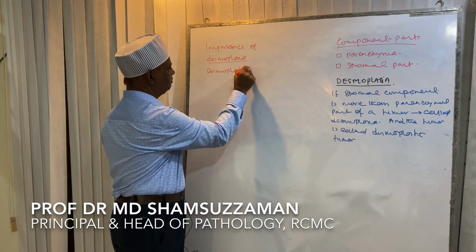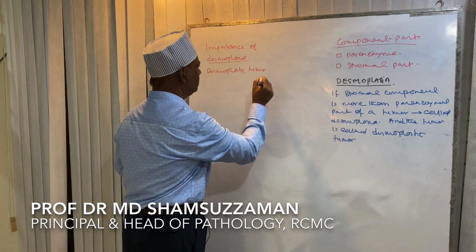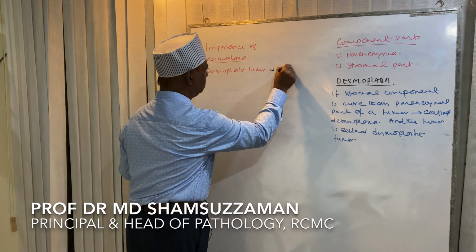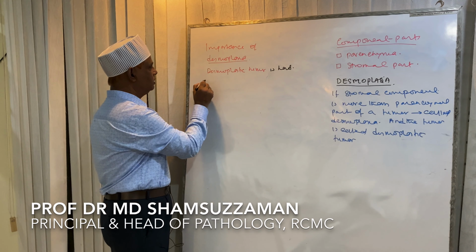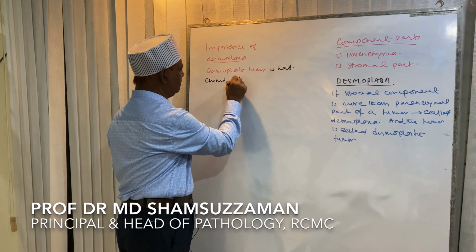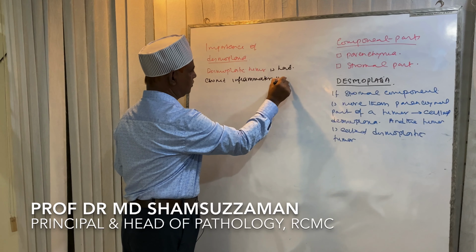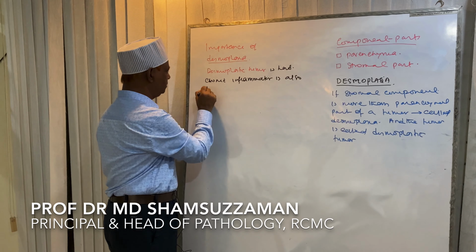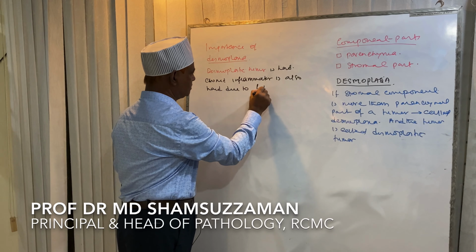Desmoplastic tumor is hard due to maximum stromal component. Chronic inflammatory lesion is also hard due to fibrosis.